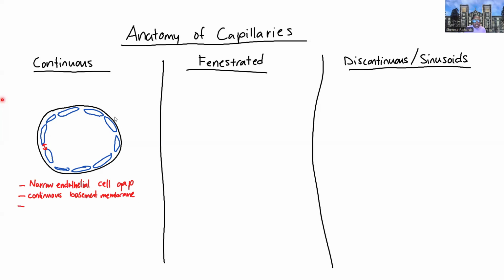And basement membrane is just the underlying connective tissue. It's what helps to nourish the cells, right? So it's not a cell layer, just that supporting tissue, but it's continuous. This is going to allow water-soluble molecules to pass through.